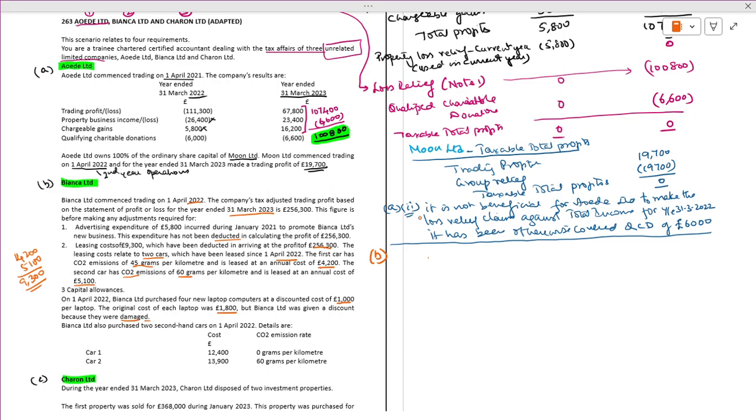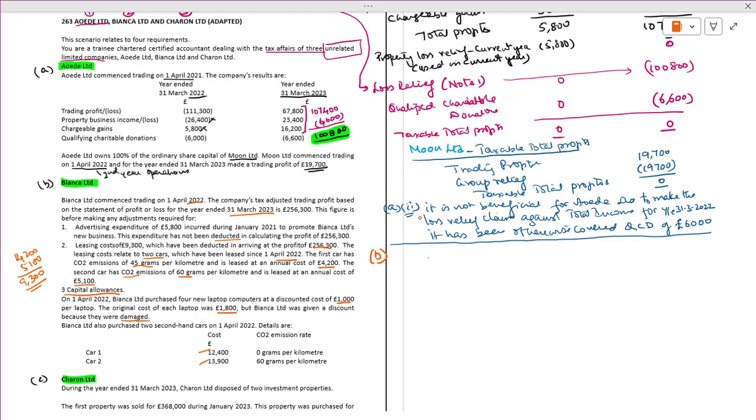Fine, we are not concerned about whether damaged or not. Bianca also purchased 2 second-hand cars, one for 12,400 and another for 13,900. All 3 come under capital allowance.